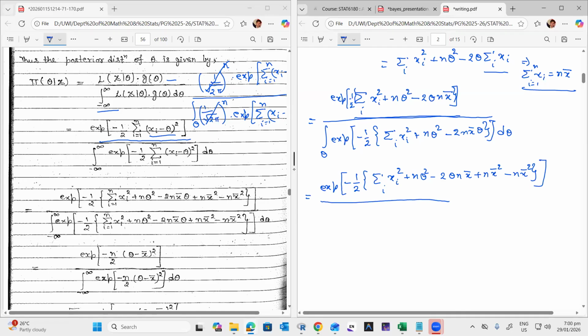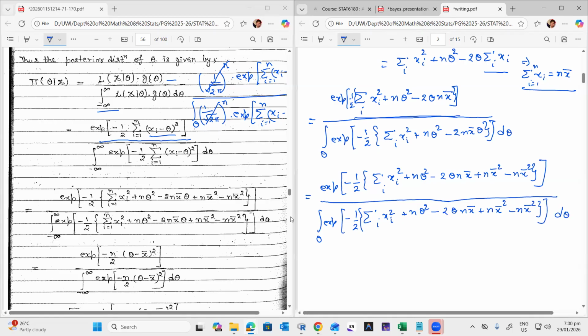So similar thing we will do in the denominator. Integral over the range of theta e raised to the power minus 1 by 2 summation over the range of i xi square plus n theta square minus 2 theta n x bar plus n x bar whole square minus n x bar whole square d theta.